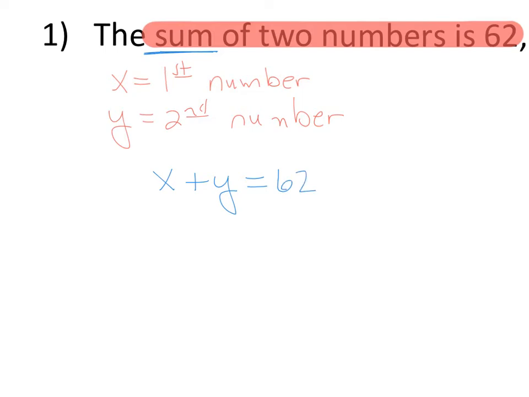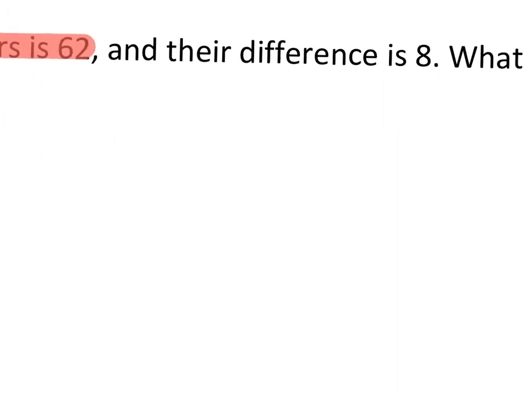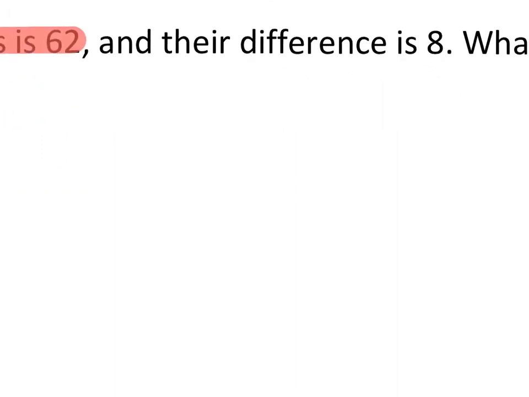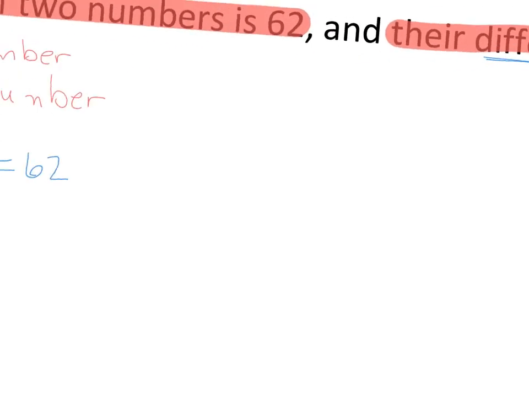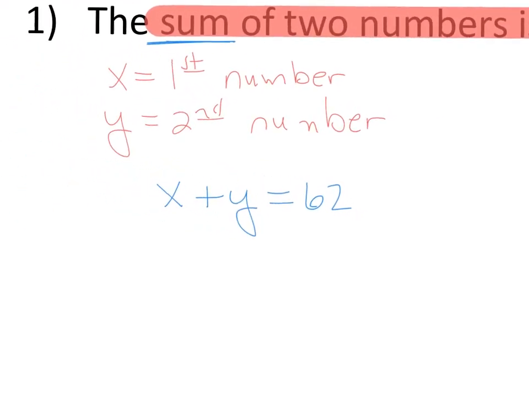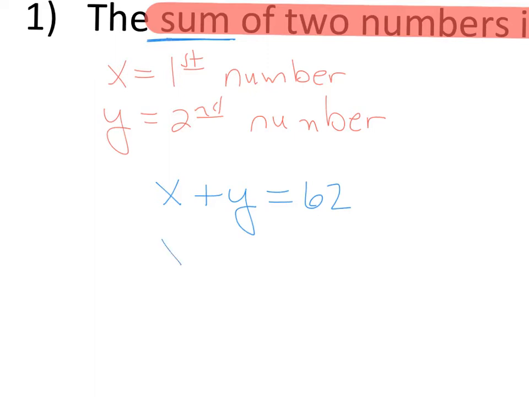Now the second part, after the comma: their difference is 8. The word difference means subtraction, so your second equation is x minus y equals 8.